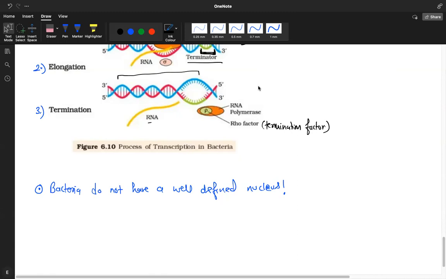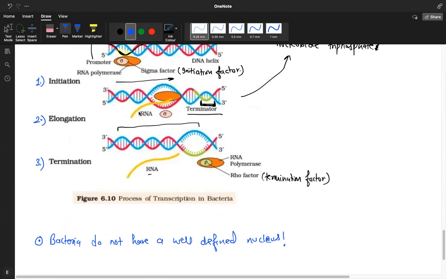Make sense? Yes, sir. So once the mRNA starts synthesizing, I'm saying start, it has not even finished. The moment the mRNA starts synthesizing, it is right away accessible to what? What is present in the cytoplasm that makes protein, that does translation? Ribosomes. Exactly.